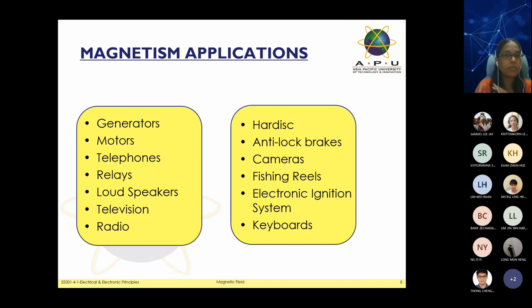We can say they are similar, but there is a difference. When they say application, it sounds bigger compared to a device. Sometimes you can use the word application for a device or device for application, but take note: a component is smaller compared to a device, and a device is smaller compared to an application.